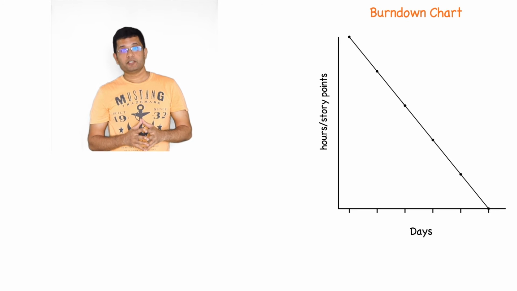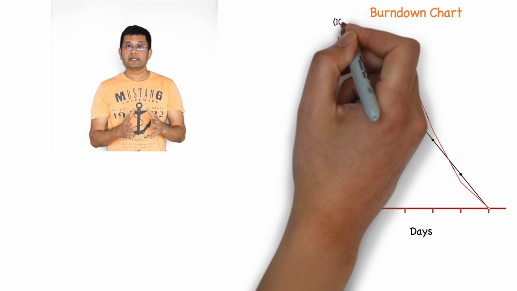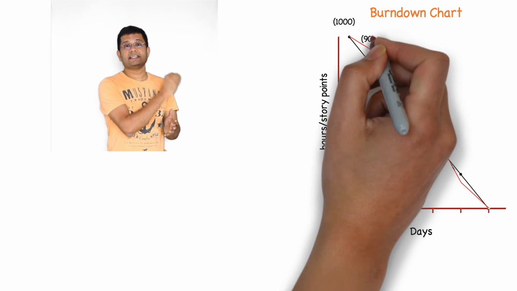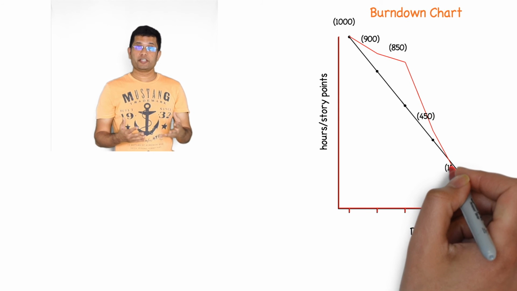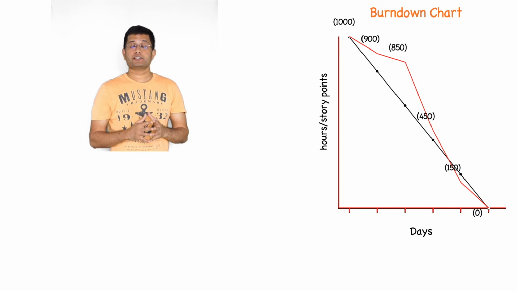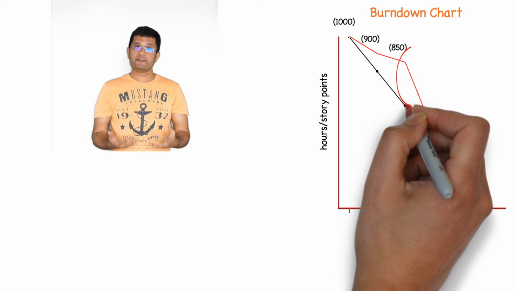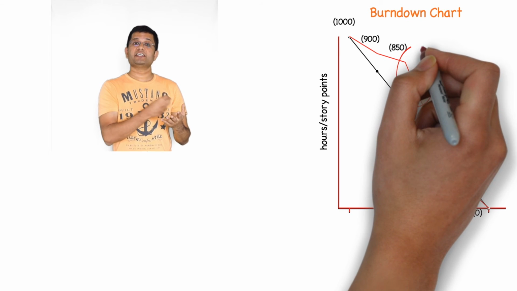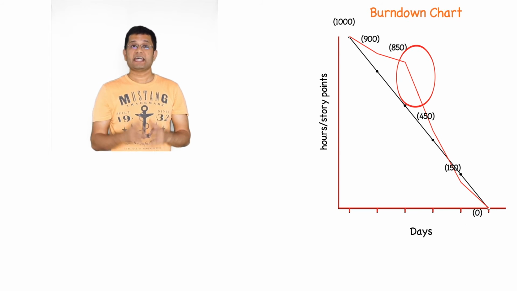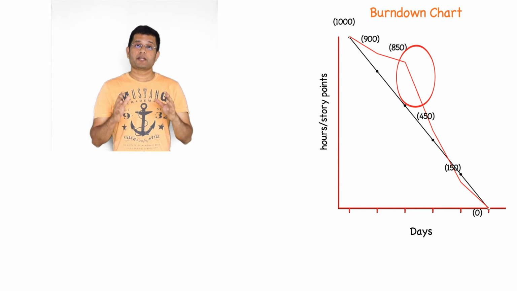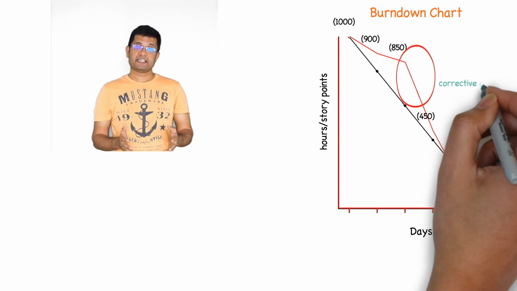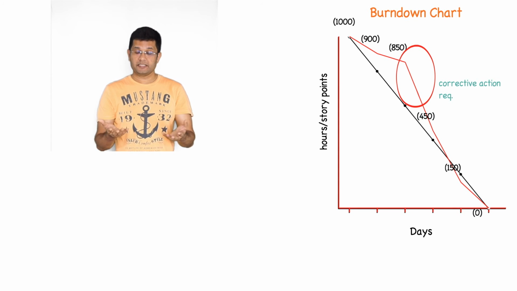Post that, from day 1, we start plotting the remaining effort required on a daily basis. Ideally, the remaining effort should keep going down as we progress during the sprint. However, if we see that the remaining effort is increasing on a continuous basis, it is a cause of alarm. This could indicate that we may not be able to finish all the committed PBI within that sprint. So in such a case, we would investigate and see whether a corrective action can be taken.